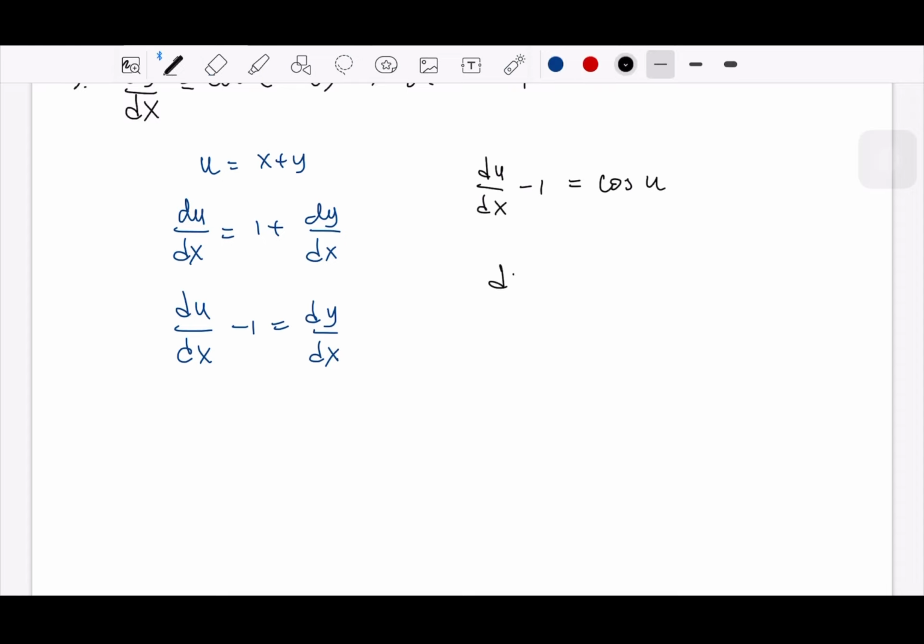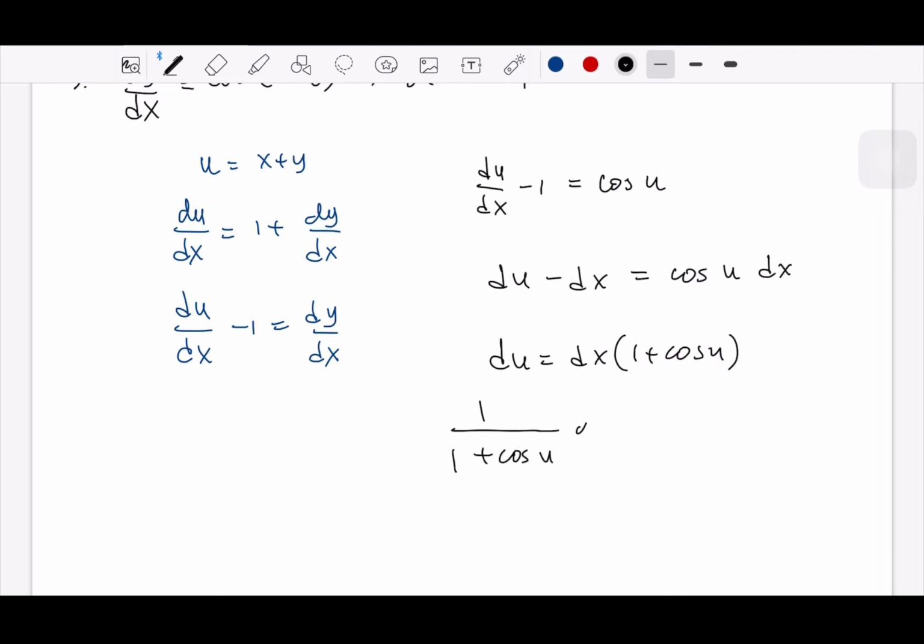So du minus dx is cosine u dx. So you will have du equals dx times (1 plus cosine u), and 1 over (1 plus cosine u) du equal to dx. Yeah, a little bit of algebra to solve.